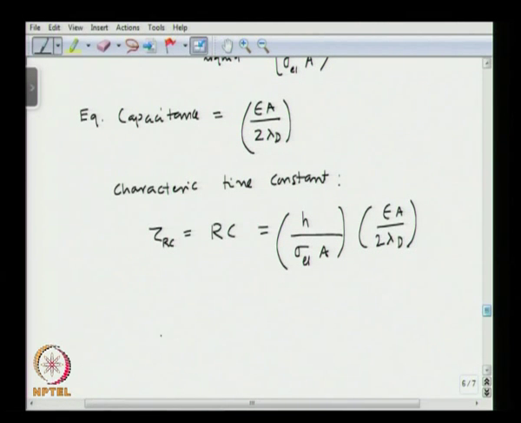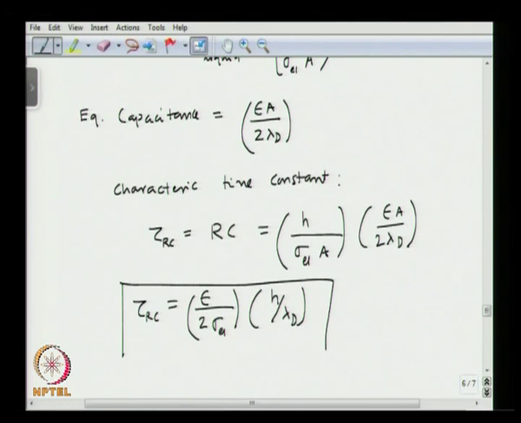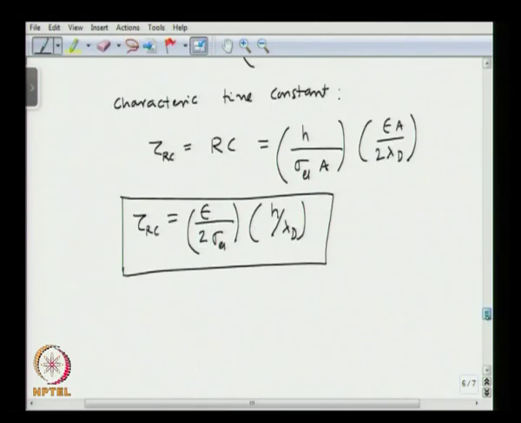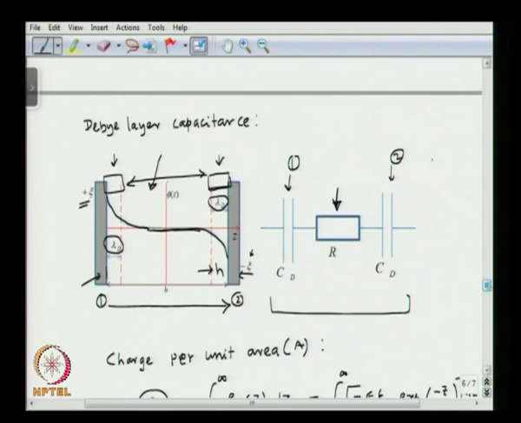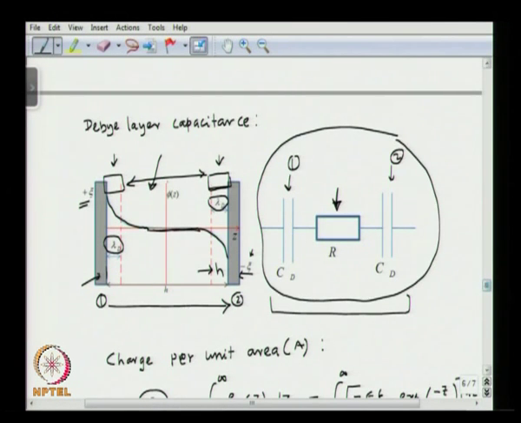So you can write this as epsilon by 2 into electrical conductivity into H over lambda d. So this is the expression for the time constant for this system where we have two capacitors and one resistor in series.